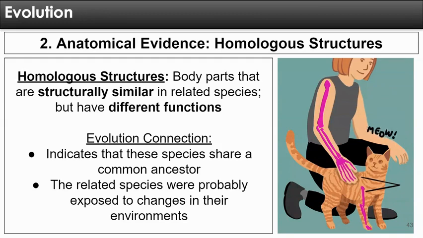So same structures, same bone layout, but now they serve different purposes or functions, right? So how does that show us that evolution has happened? The evolution connection there on the bottom reads that this indicates that these species share a common ancestor, and that the related species were probably exposed to changes in their environments, which now caused different functionality of those limbs.